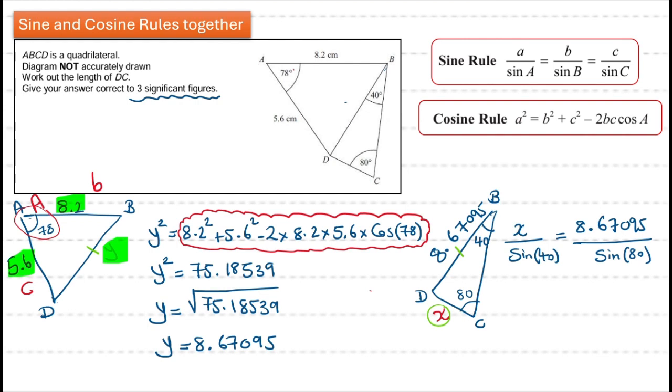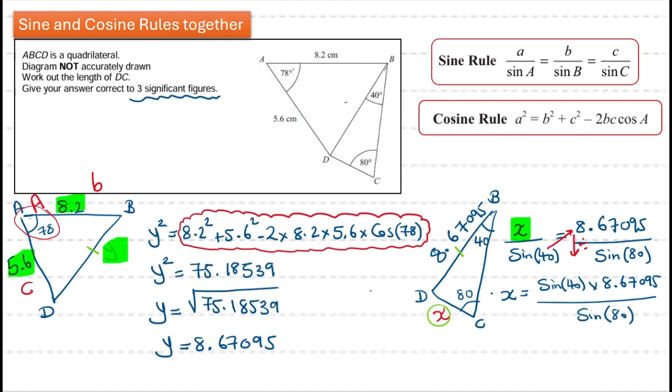Since we are working out the length x, we cover it and we use cross multiplication and divide by sine of 80. So let's write it down. We get x equals sine of 40 times 8.67095 divided by sine of 80.